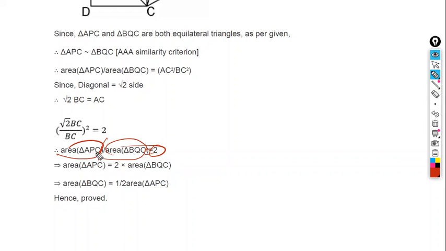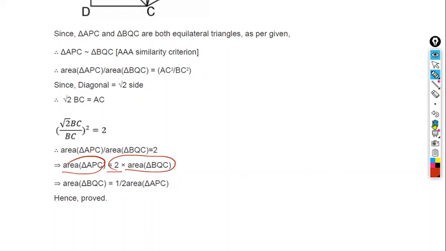Area of triangle BQC is in the denominator. If we move the denominator to the RHS, it will multiply by 2. So area of triangle APC is equal to 2 into area of triangle BQC.